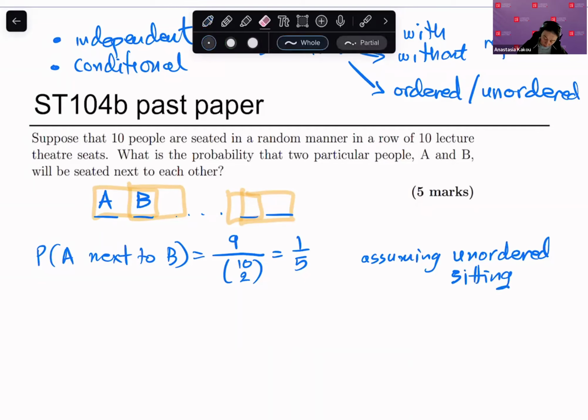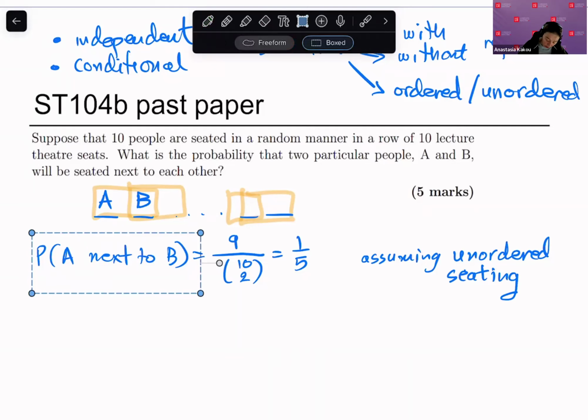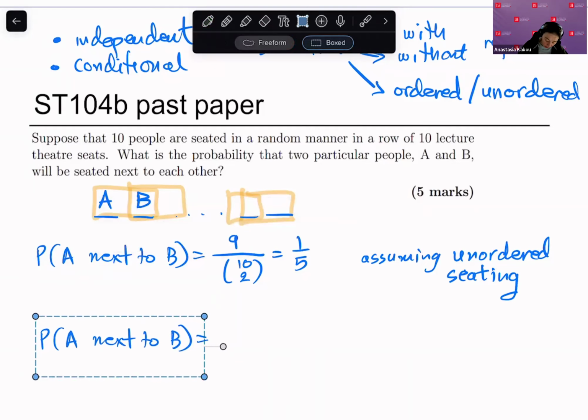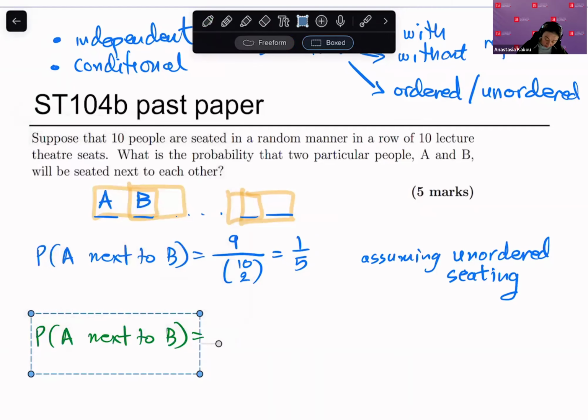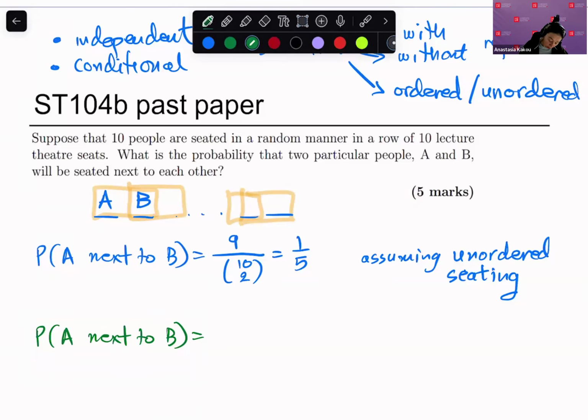Okay, if we assume that the order matters, then we have to take into account duplicates, that if you have, let's say, A and B, then that could be BA.